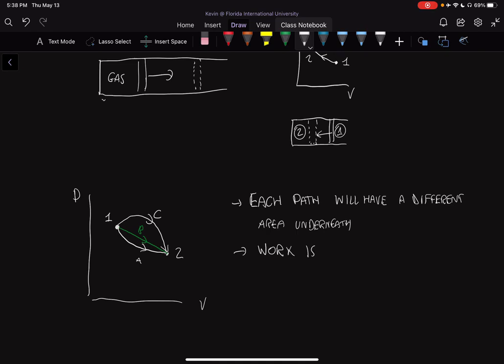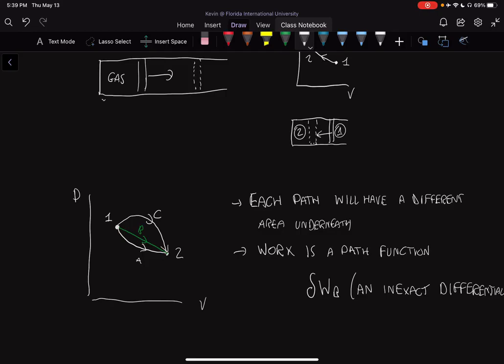Work is called a path function. It depends on the path. Okay, so work between 1 and 2 is not always the same. And what that is also called in mathematics is an inexact differential. So dW boundary is also called an inexact differential.